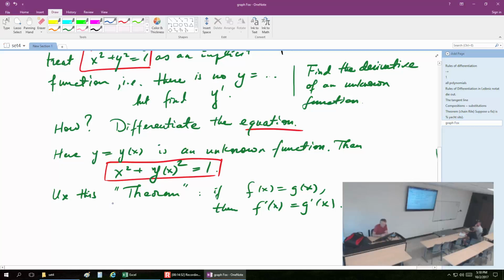Two functions in our equation, number 1 and number 2.